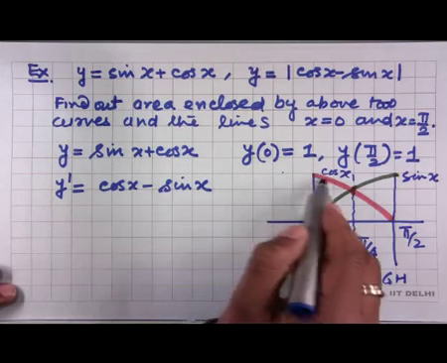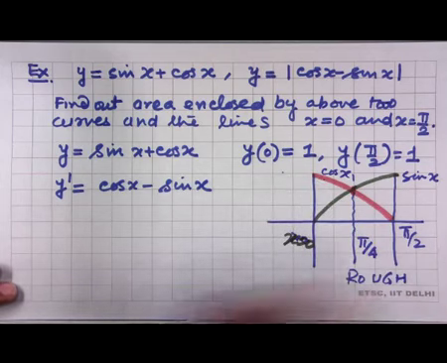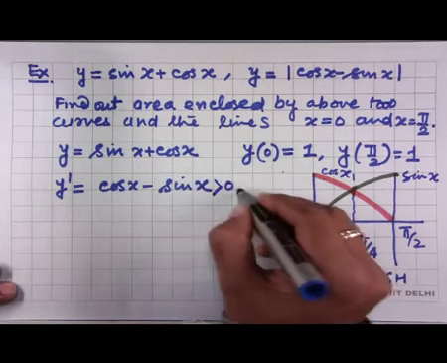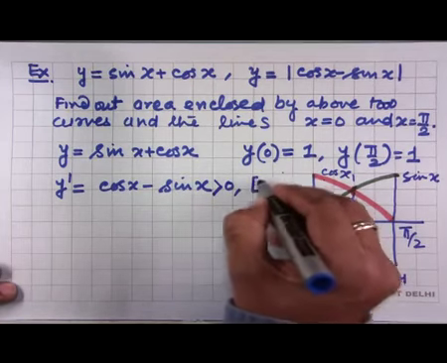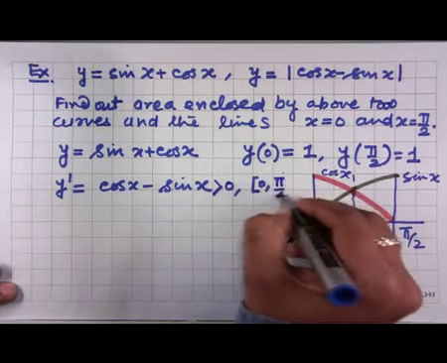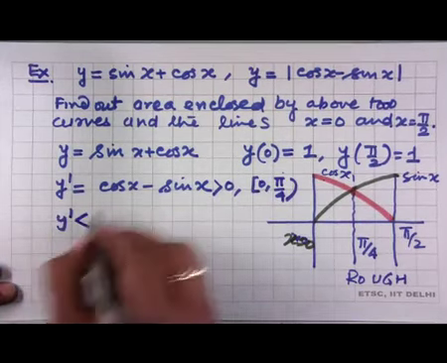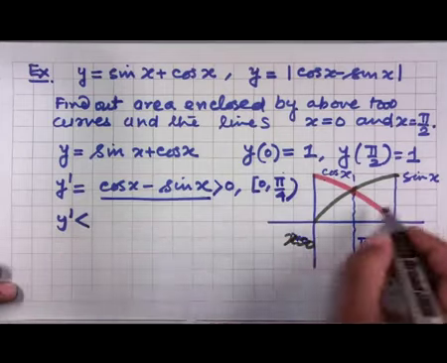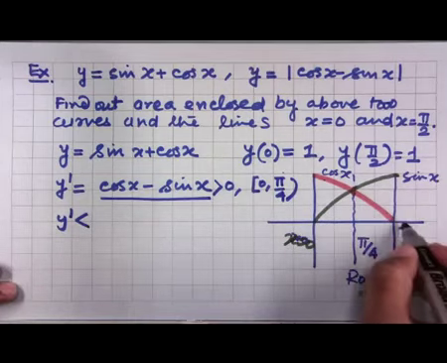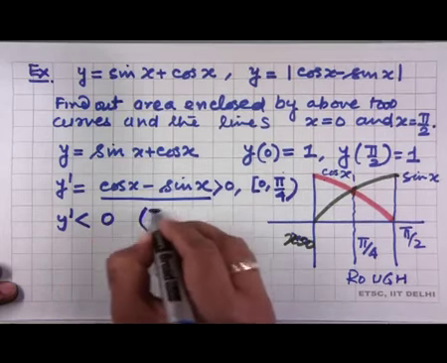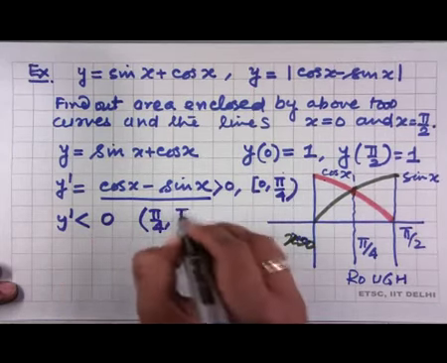So cos x dominates sin x between 0 and pi by 4, so y dash will be positive in this interval. And y dash will be negative when sin x dominates cos x, so this will be negative in this interval.